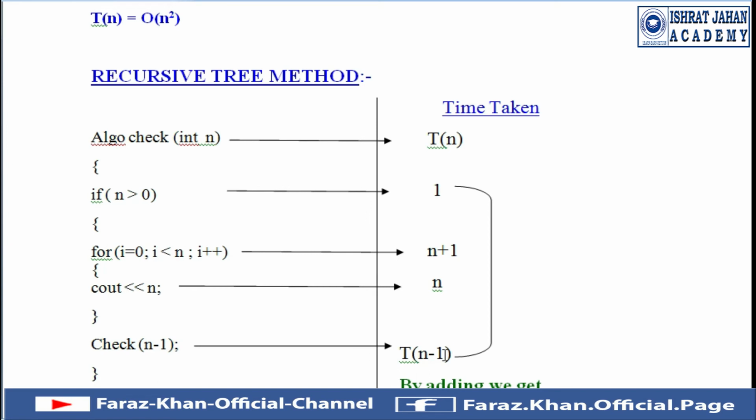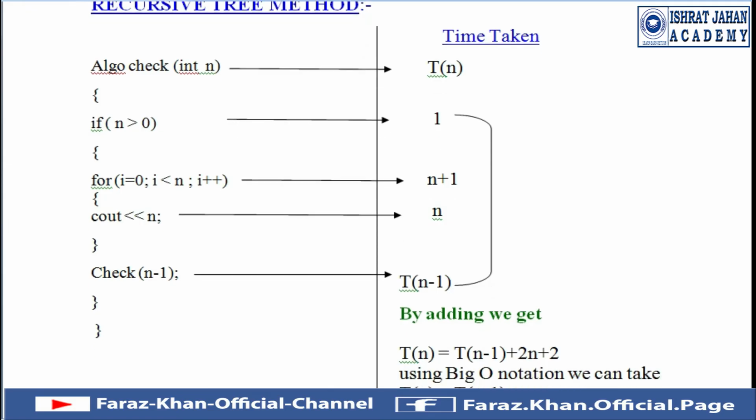So what should be the time complexity of the above algorithm or pseudocode? Tn would be the sum of, you can see the bracket, 1 plus n plus 1 plus n plus T n minus 1, right?